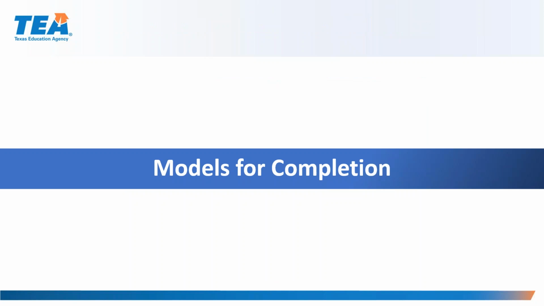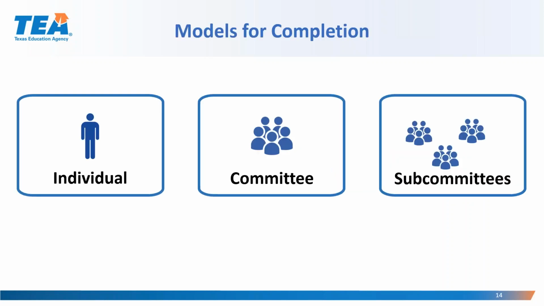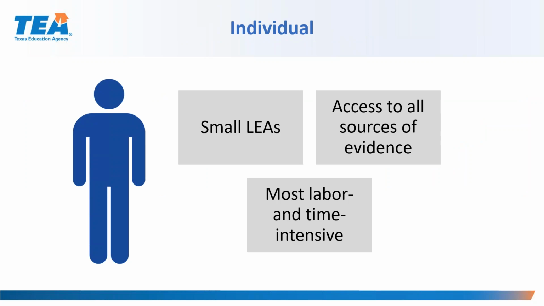Let's talk briefly now about the 3 models for completing the Early Childhood Program self-assessment. As stated, there are 3 models: individual, committee, and then committee with subcommittee. We're going to go over each of those in more detail.